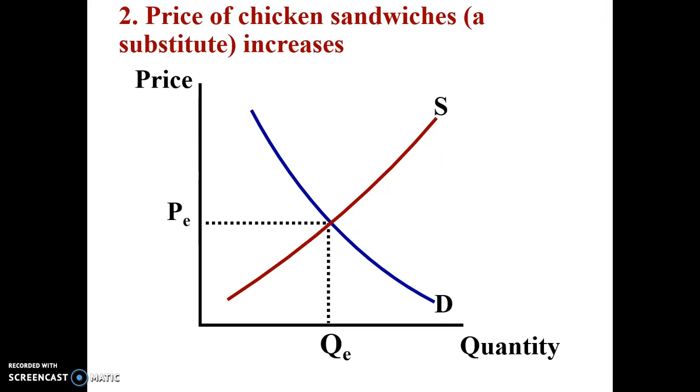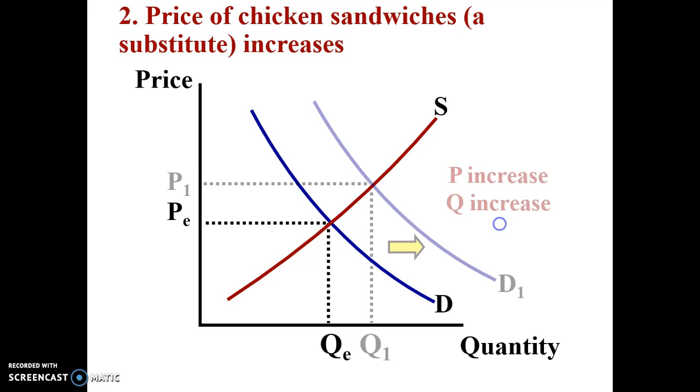All right, second example. Let's say the price of chicken sandwiches, which is a substitute for hamburgers, increases. So the price of a substitute goes up. That's going to increase the demand for burgers. That's the substitution effect. When the price of the substitutes goes up, people will demand more of the other thing.